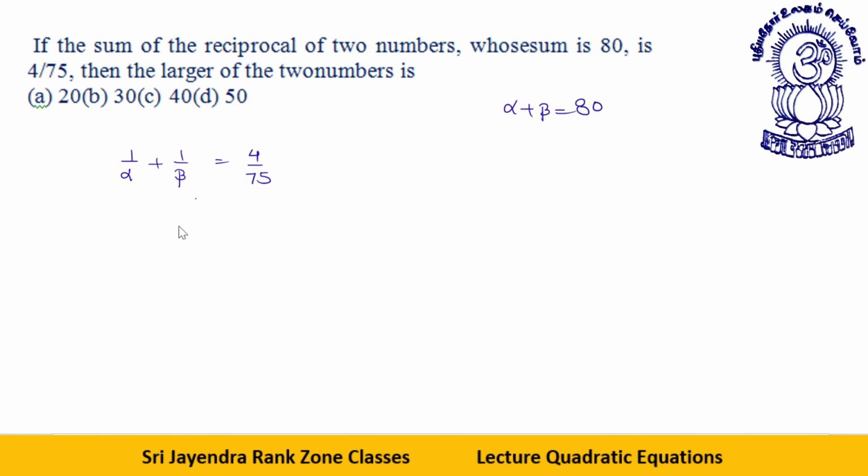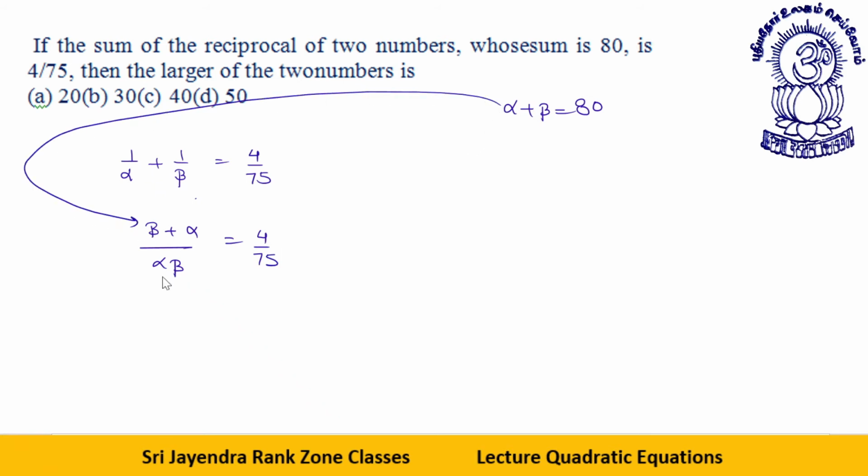This will be like beta plus alpha upon alpha beta is equal to 4 by 75. You place the value of alpha plus beta as 80. So 80 by alpha into beta is equal to 4 by 75. Just cancel with this to give you 20.